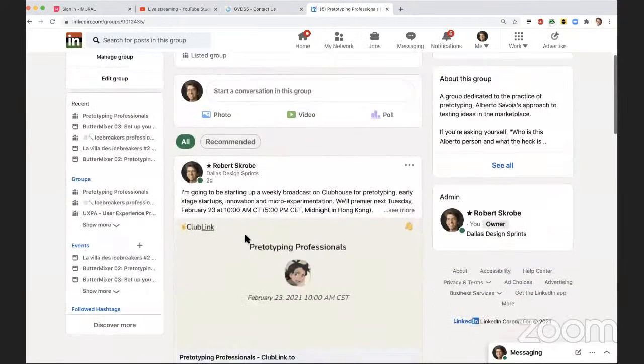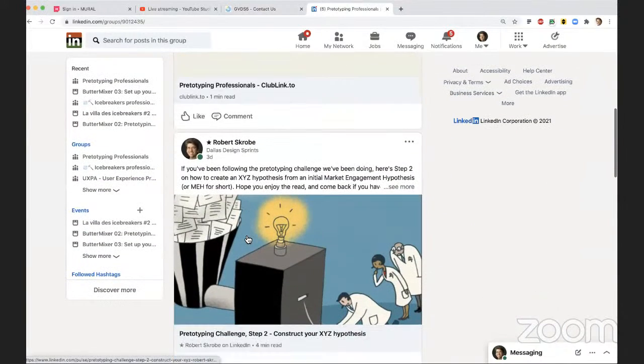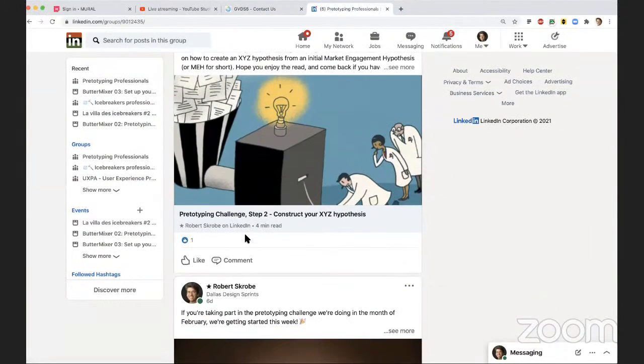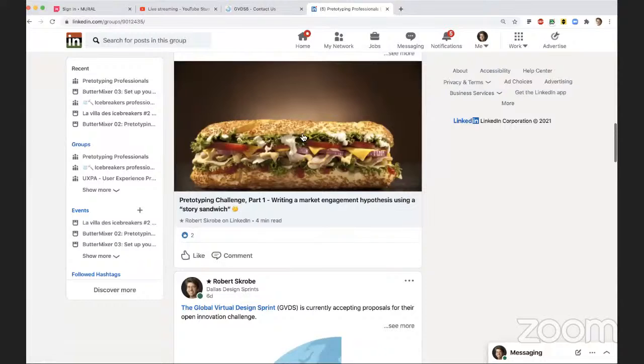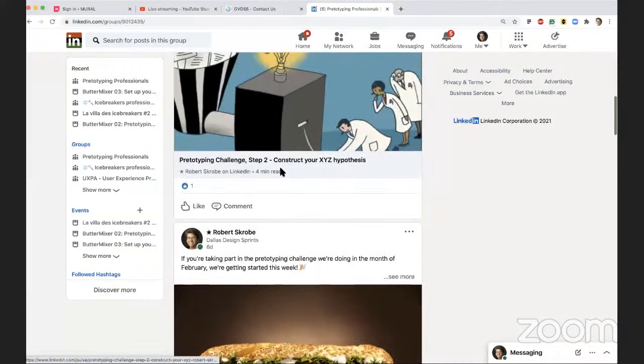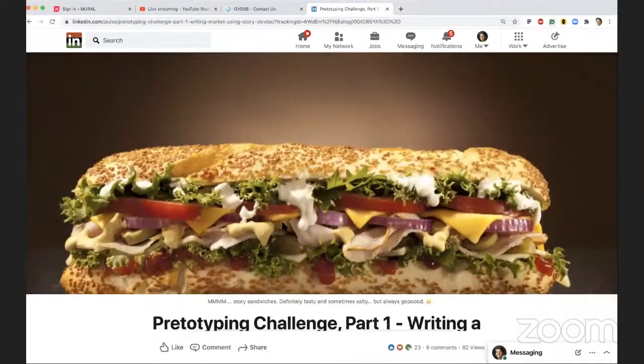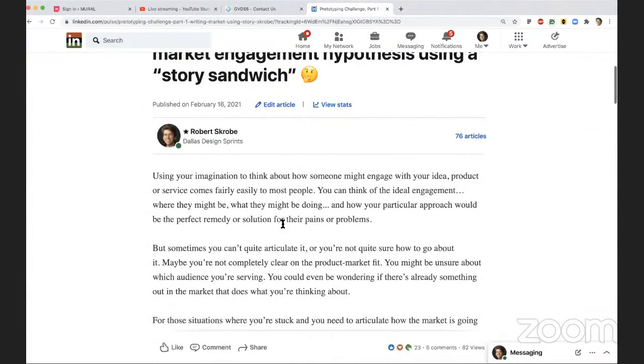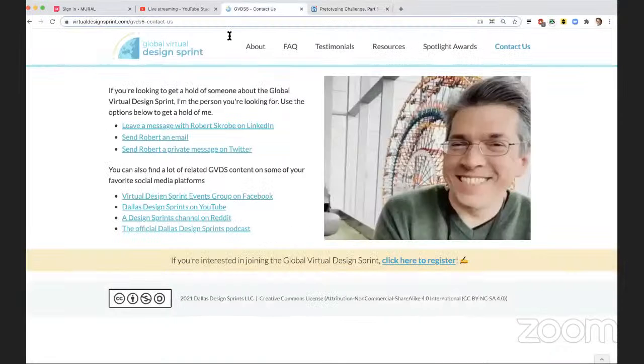Prototyping, for reference, is the ability to go into the market and test your ideas for desirability by your intended audience. I'm going through a stepped process. This is part one, this is step two, even though I named it differently. This will go through how to actually go about prototyping, and it will help you explore the process before you do the GVDS, if you decide to sign up for it.